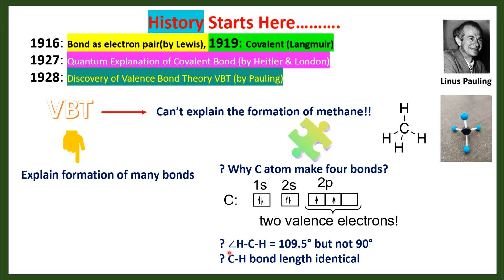Another question: this H-C-H bond angle in methane is 109.5 degrees, but why not 90 degrees? Because if p orbitals undergo bond formation, then it should be 90 degrees. Also, the C-H bond angles and C-H bond lengths in methane are all identical. Why are all these C-H bonds identical?